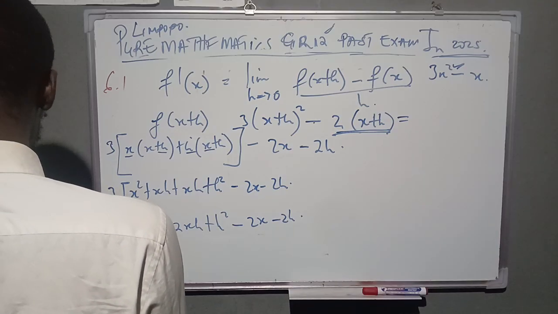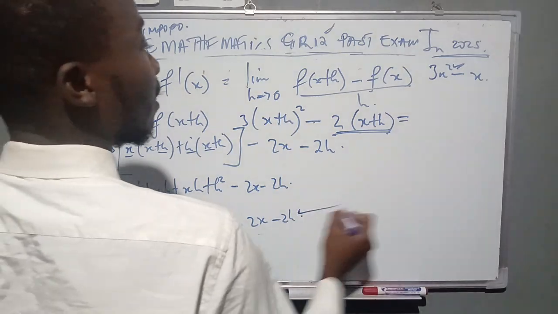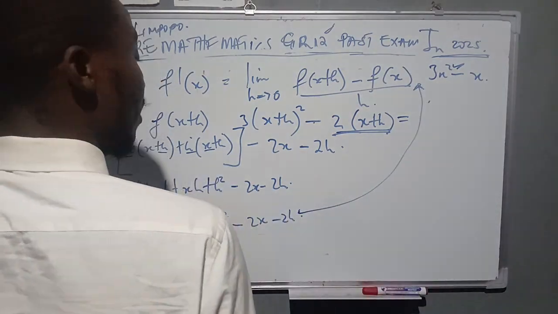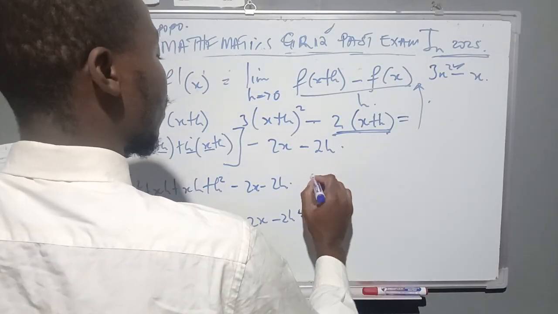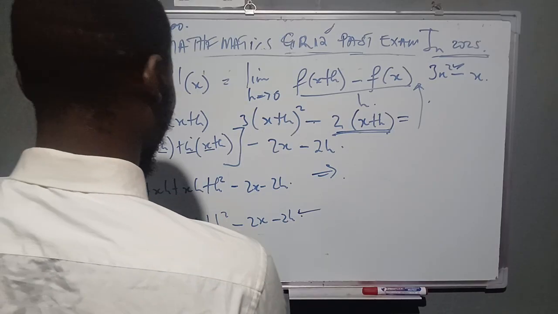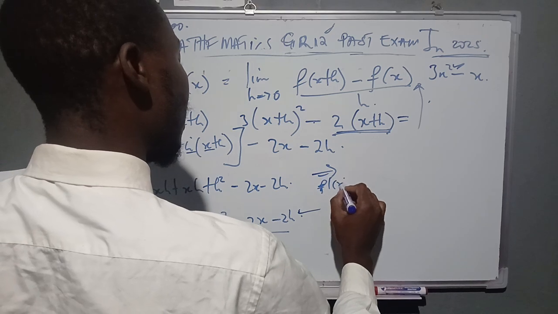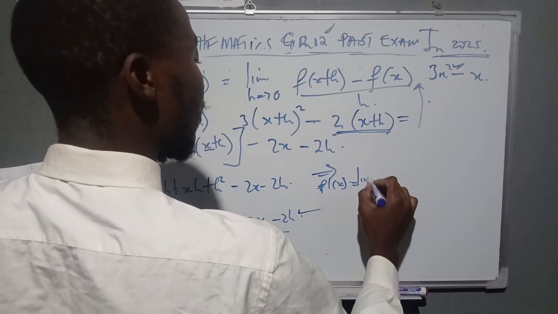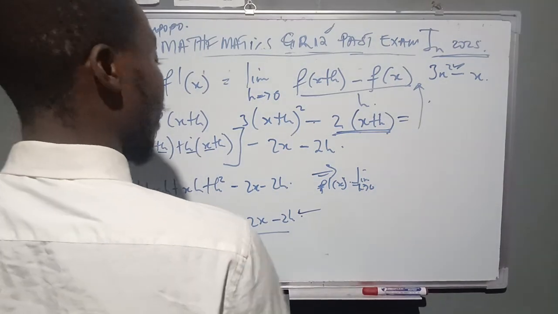Alright, then we come to a point now where we want to put this back into the function. We multiply the bracket, so we can say now f prime x equals the limit as h approaches 0, then we expand the bracket.